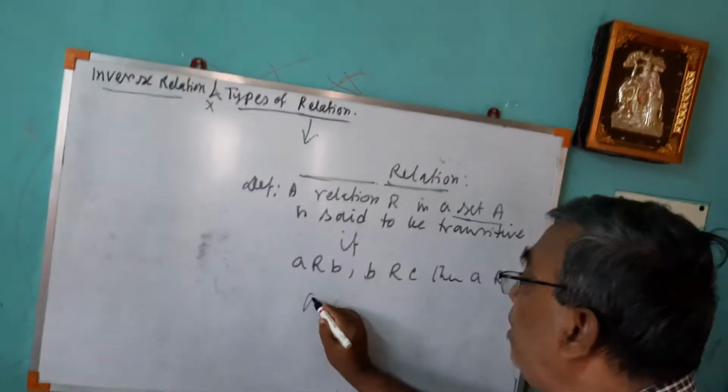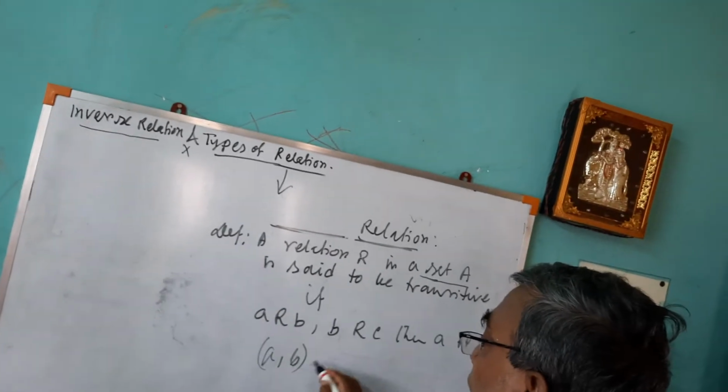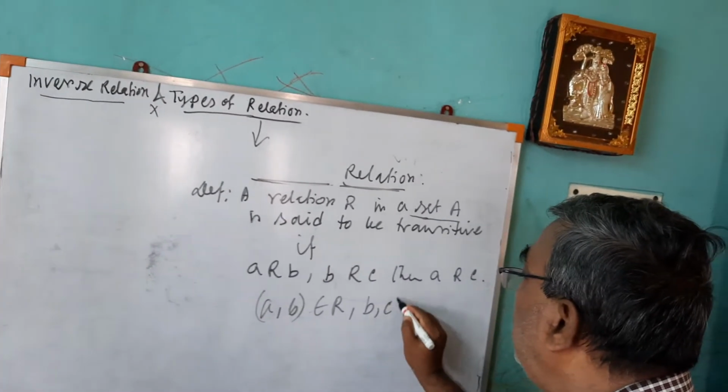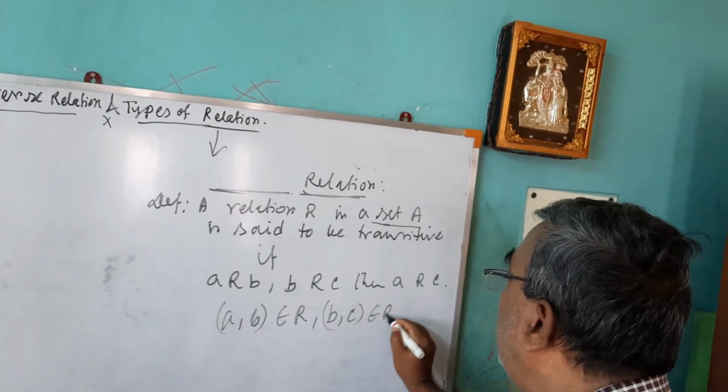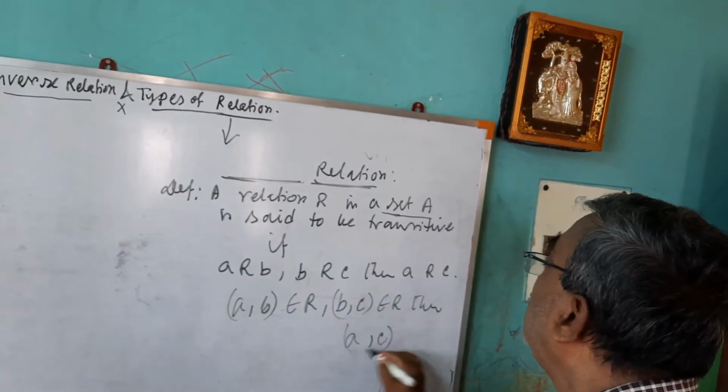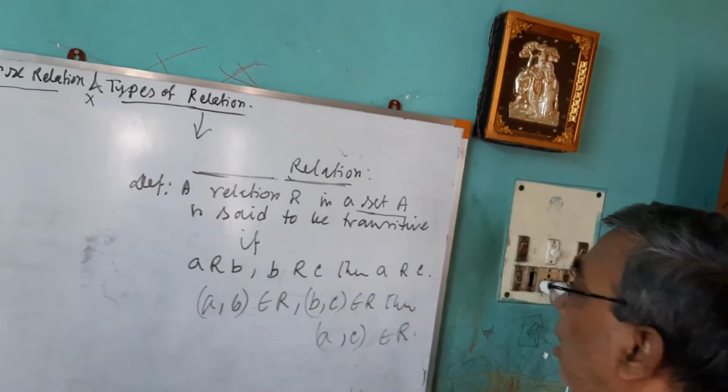That is, (a, b) belongs to R, (b, c) belongs to R, then (a, c) belongs to R. This is known as transitive.